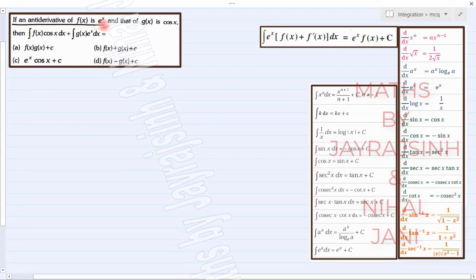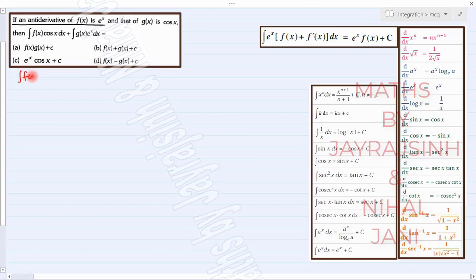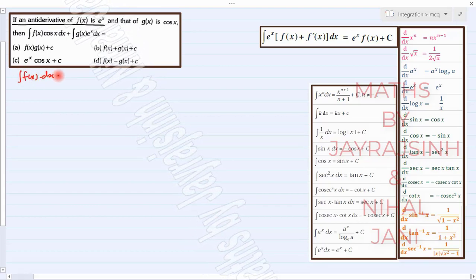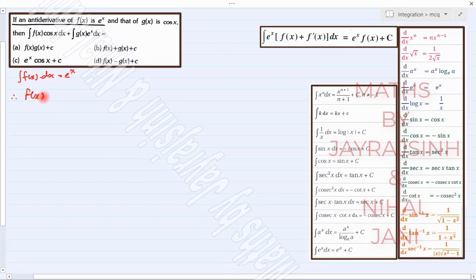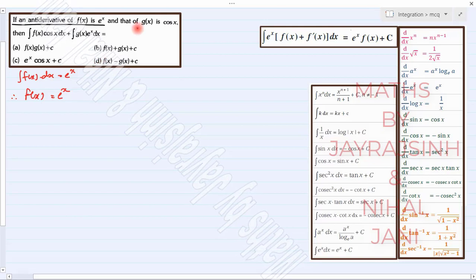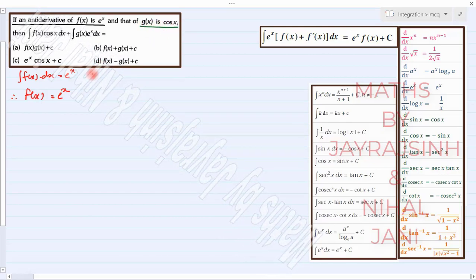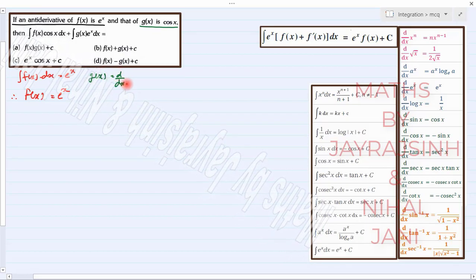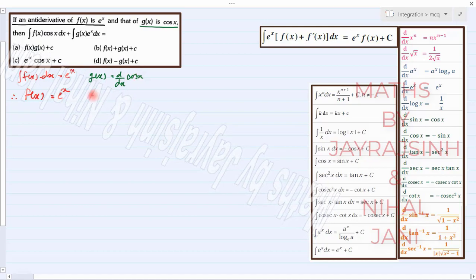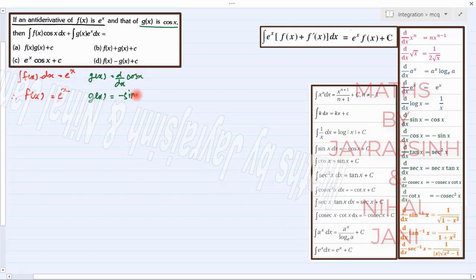The antiderivative of f of x is e raised to x. That means integration of f of x is e raised to x. So we can say your f of x is simply e raised to x. And similarly, the antiderivative of g of x is cos x. So we can say your g of x is the differentiation of cos x, or we can say minus sin x.